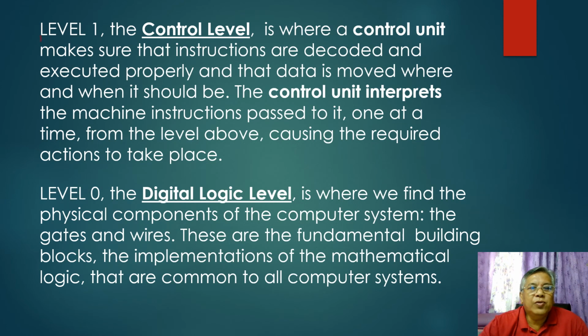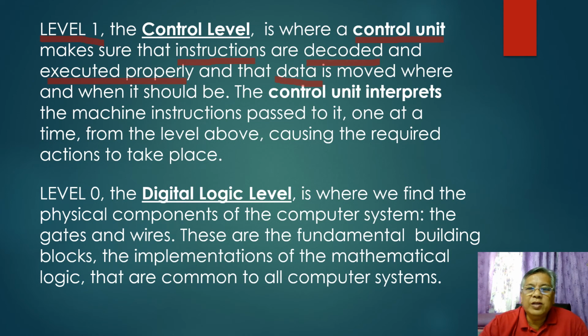Okay, so we go now to level 1. Level 1 is the control level or your control unit. Control unit makes sure that instructions are decoded and executed properly and that data is moved where and when it should be.